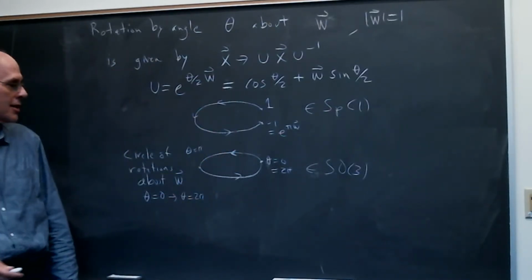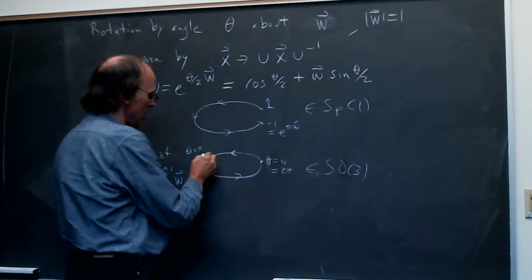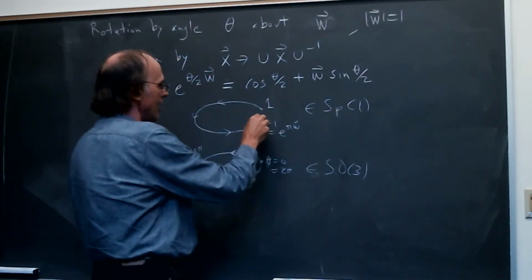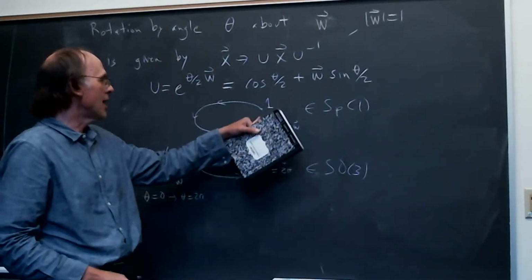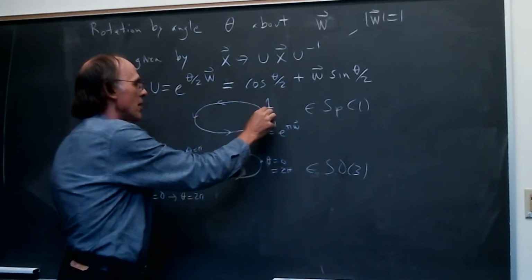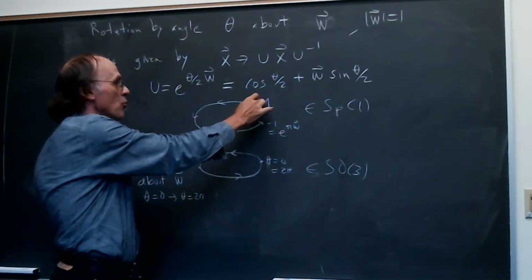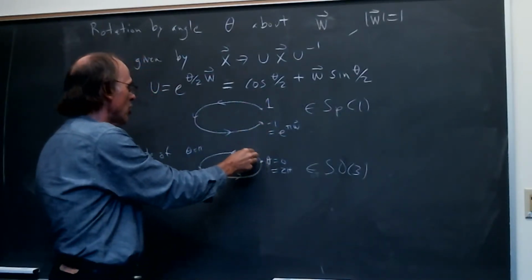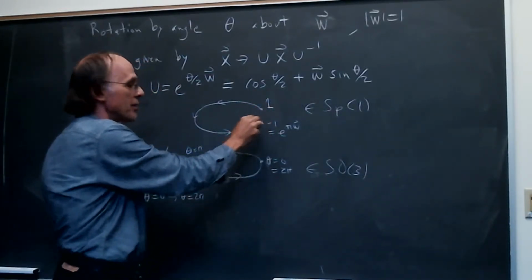But another way to see it is that if you do a rotation down here, you get an ambiguity. Theta equal to 0, or 1 here, is going to correspond to 1 and -1 up there, and you don't really know which one it is. But if you go around the circle once here, you go from one to the other.